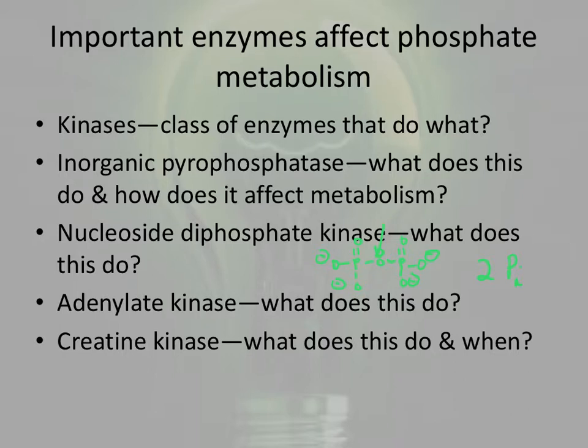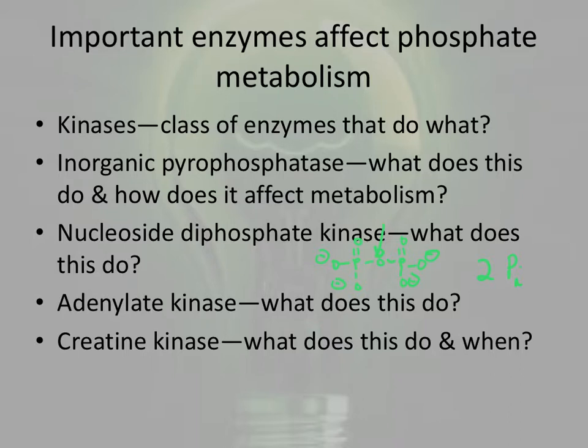Then we have nucleoside diphosphate kinase, which if you just had to look at what it did, I mean it's a kinase, so we know it's going to transfer a phosphate using ATP or GTP. Where is it transferring the phosphate to? To a what?